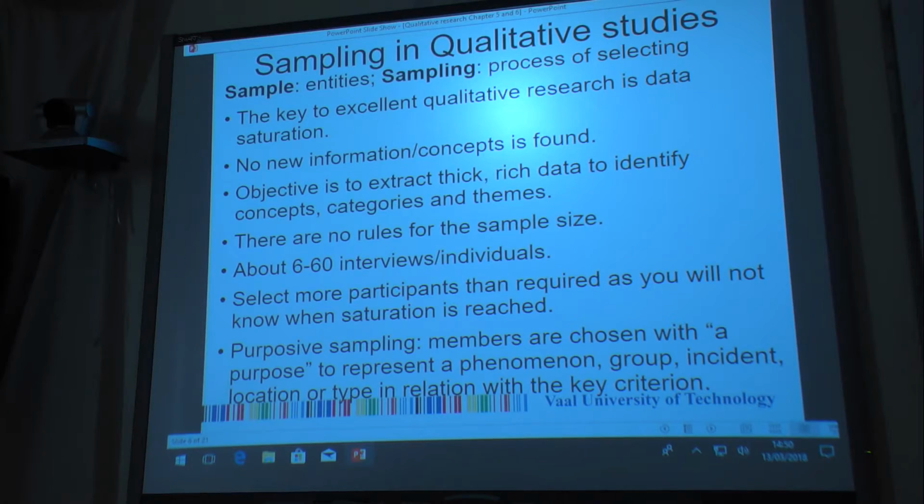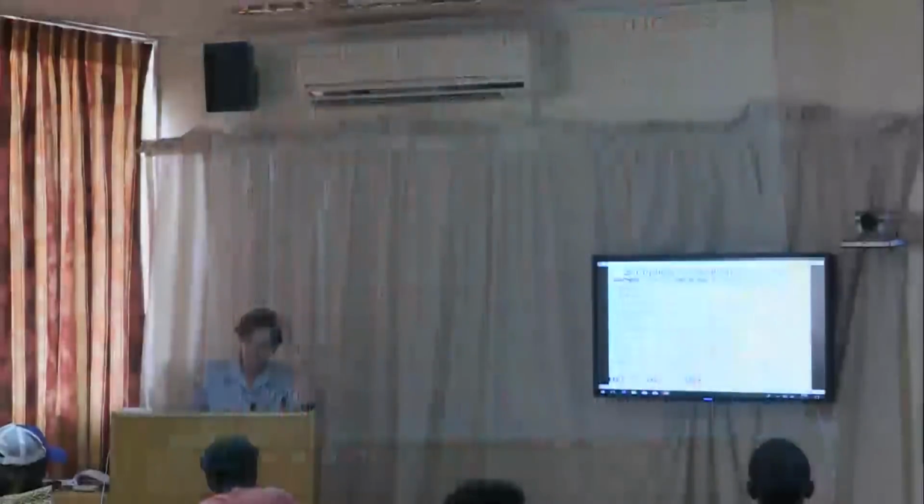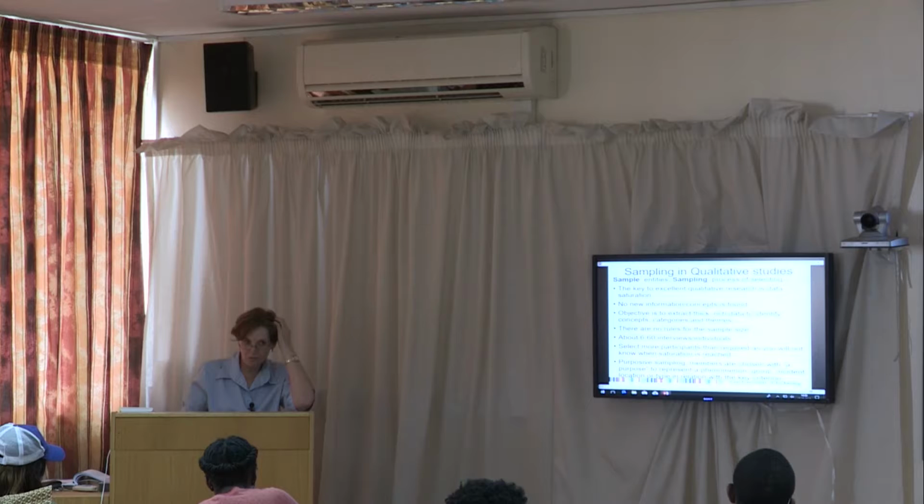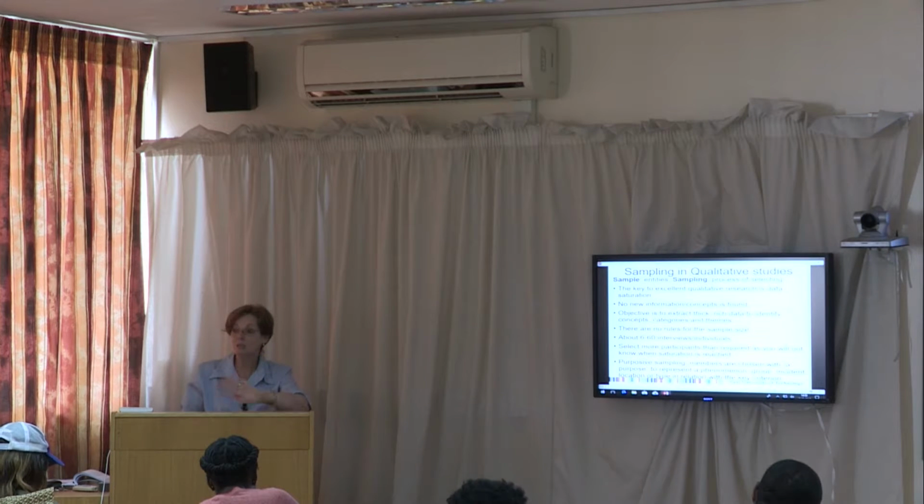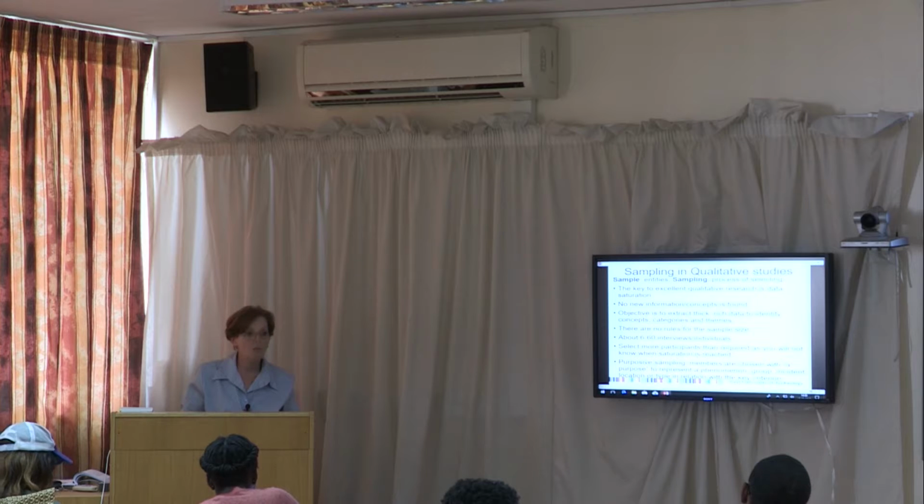Okay, now you wonder, what is a concept? What is a category? And what is a theme? Okay, that's what you need to achieve at the end of the day. When I'm going to do the chapter on data analysis of qualitative work, I will explain this for you clearly.